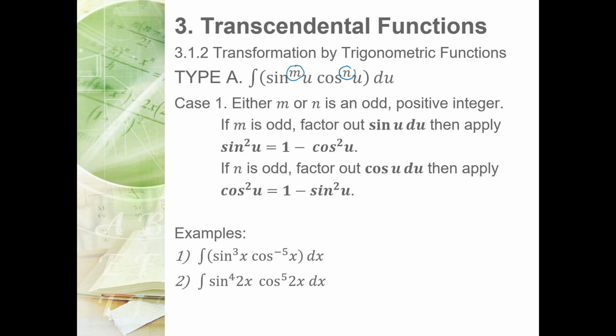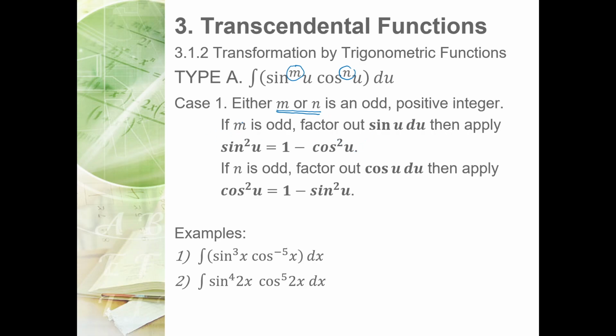So in case number 1, either m or n is odd and positive integer. So we have to determine whether your m or n exponent is odd and positive.